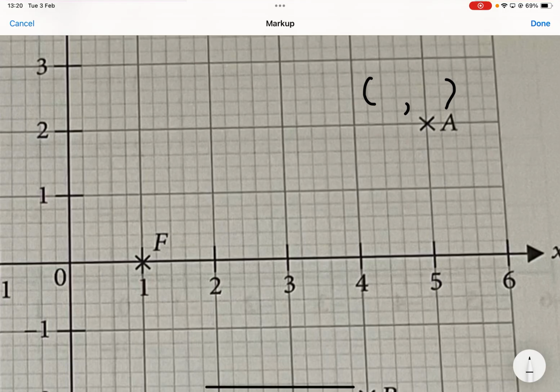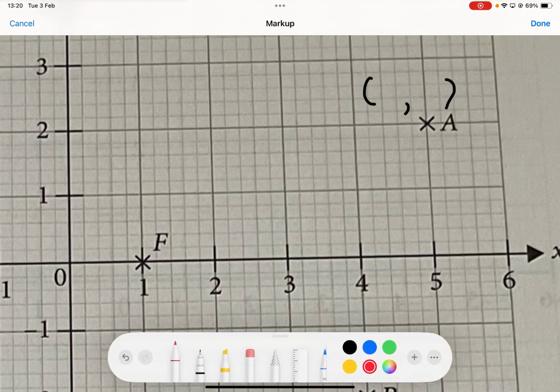So we tell left, right first. For the left and the right, I need to look at the horizontal number line. So point A is here. An easy way is I put my ruler, then from the point I draw a dotted line.